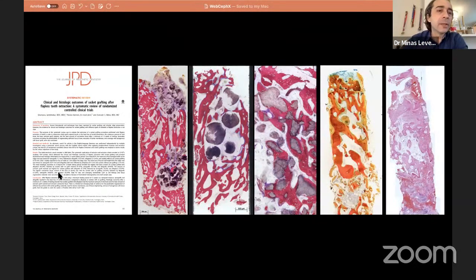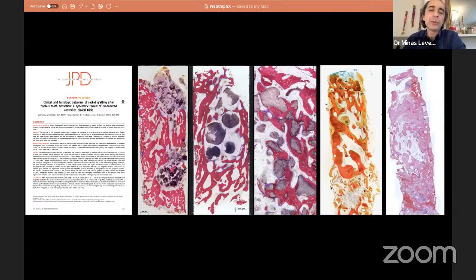We have a very good systematic review about clinical studies and about bone regeneration in socket grafting procedures with different grafting materials. This is a paper published 5 years ago, and the results of the systematic review are the same as our results.